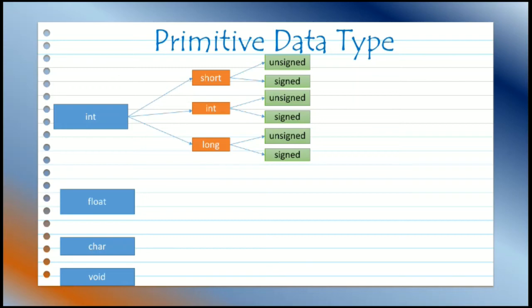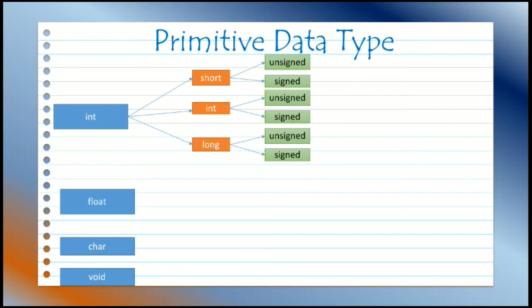So why do we require these many types, even though all the integer types only save whole numbers? The thing is that depending on the value, whether it is small or large, we can choose the integer type from the list of types.